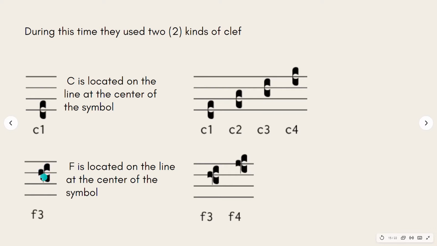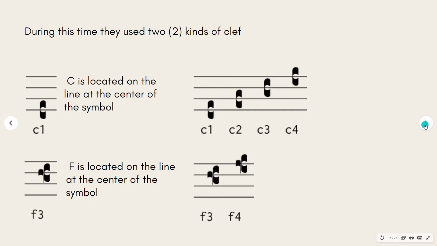So if this is the symbol, the center line there is your F. We also have four kinds of clef that could be seen on Neumes notation. We have two examples here. If you see the F clef here, it means this line is your F. And if you see the F clef here, your Fa or your F is on the fourth line.